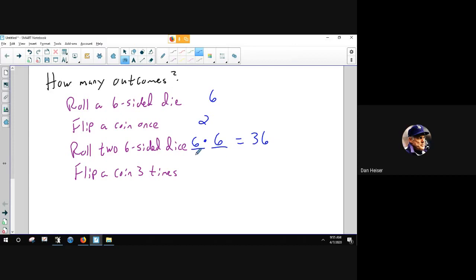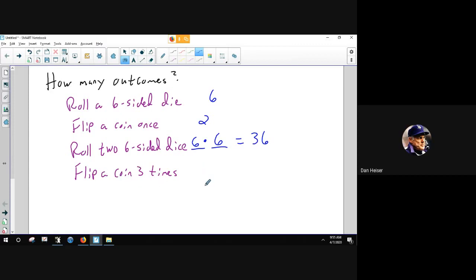I roll a 3: 3, 1, 3, 2, 3, 3, 3, 4, and so on. Every number here has 6 possibilities here. And since there are 6 numbers here that can pair with 6 different numbers there, we essentially have 6 times 6. That is how a slot problem or a slot system works. And that's going to be a much more efficient way than writing out every single possibility.